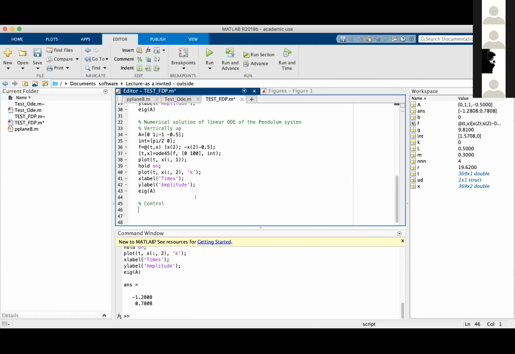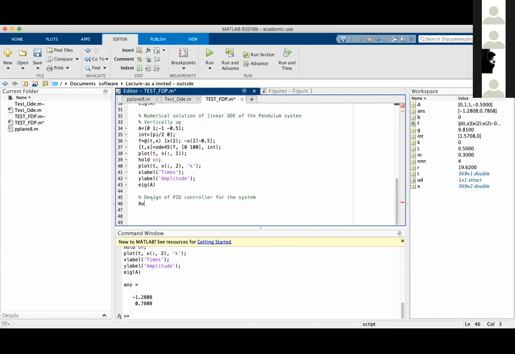So, design of PID controller. We have the A matrix, A equal to... let me consider first the vertically up direction, when the pendulum is vertically up.